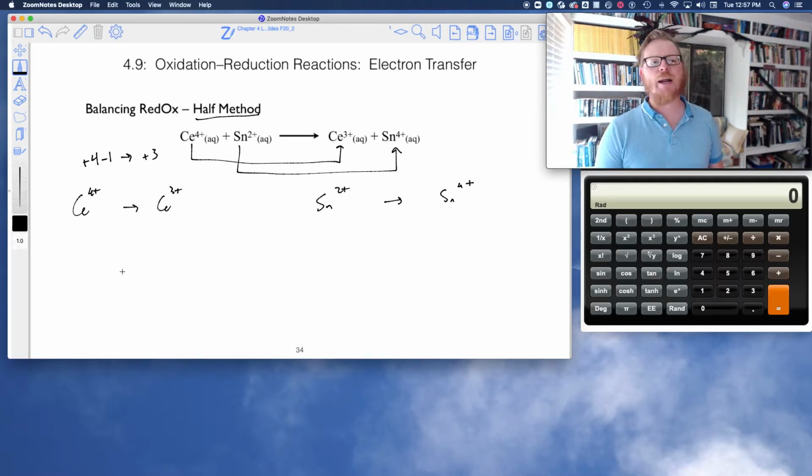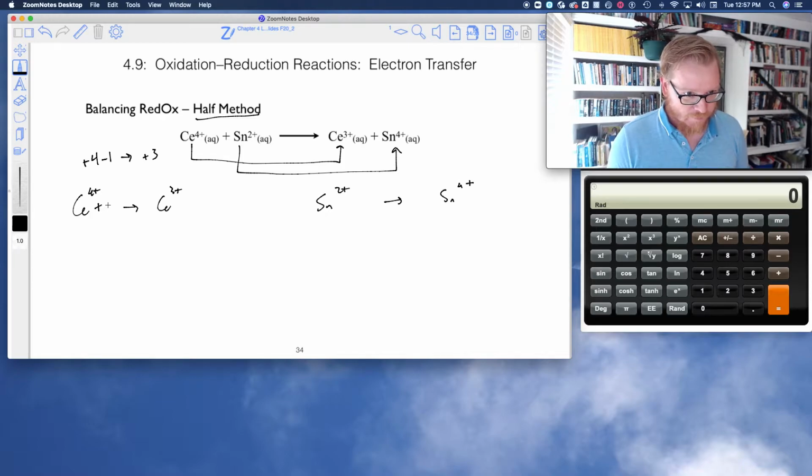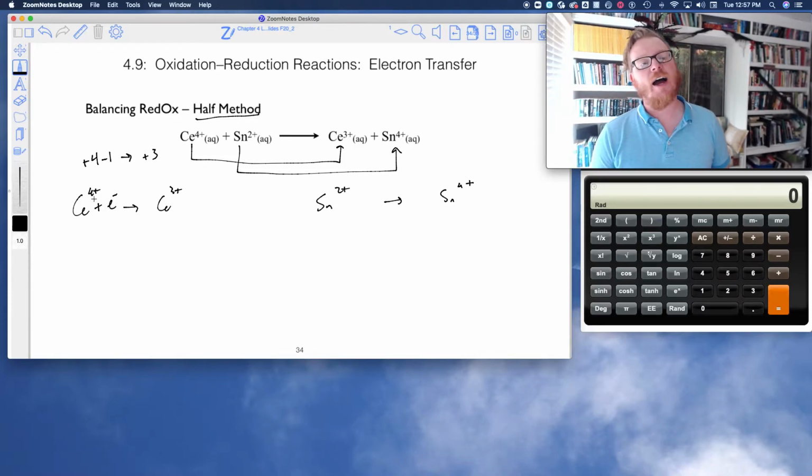So how do I add a minus 1 in a chemical reaction? Well, I can do that by saying plus an electron. So when this ion reacts with an electron, it goes from being 4 plus to 3 plus. Beautiful.